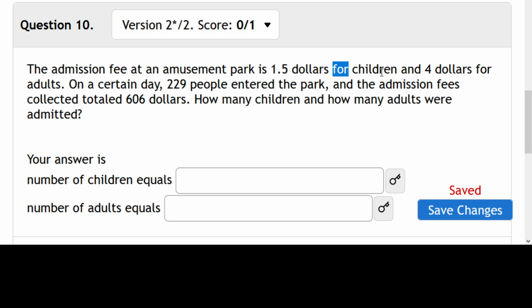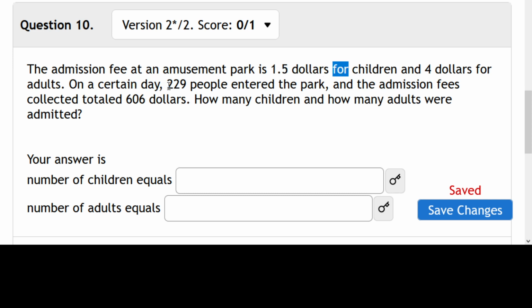So for every child that comes in, they're going to charge them $1.50. So if 2 children came in, it'd be 2 times $1.50. If 5 children came in, it'd be 5 times $1.50. So that word "for" means multiply or times. And the same thing here, I know that they charge $4 for adults. So I know that I'm going to be multiplying some stuff here.